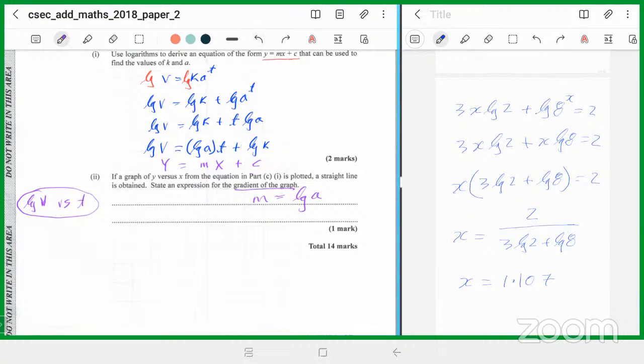Well, log v is the y axis now. So the log v intercept would be the c, which is equal to the log of k. So this would be the log v intercept, and this is the gradient. But understand that? So the answer for this question is log of a. Log of a is the answer for this one. Are you good with that?